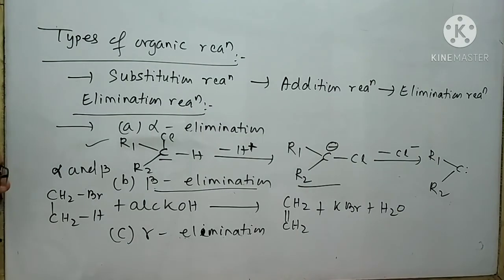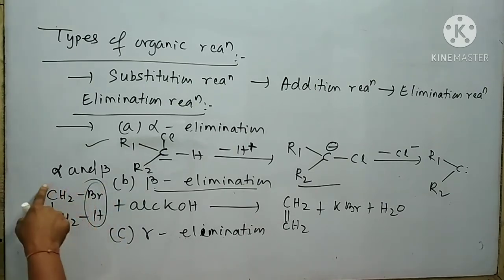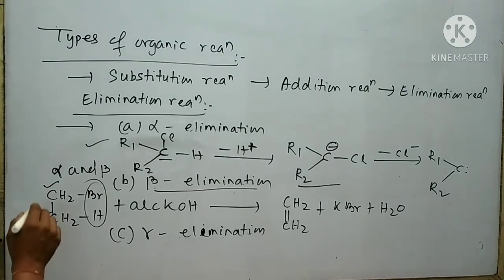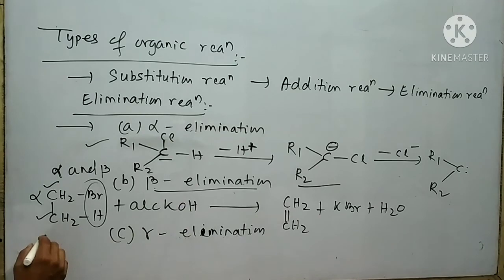In this reaction, at first HBr is removed from this molecule, bromine removed from this carbon, and hydrogen removed from this carbon. These two carbons are said to be alpha and beta carbon. Suppose this is your alpha carbon, then this is said to be your beta carbon.